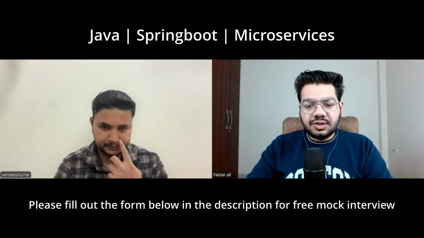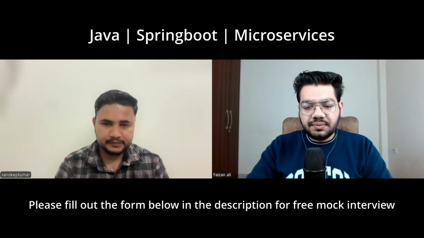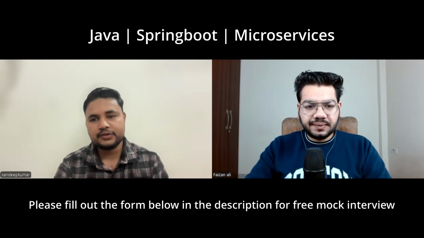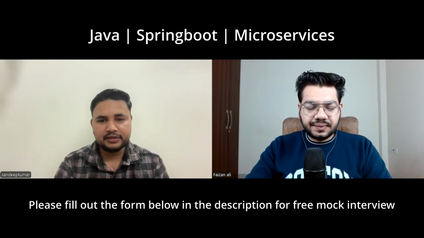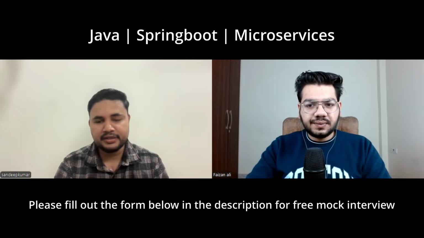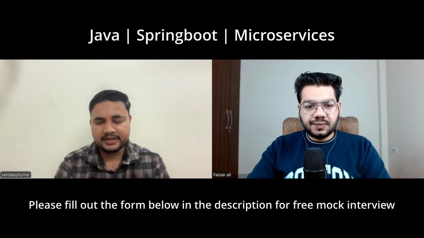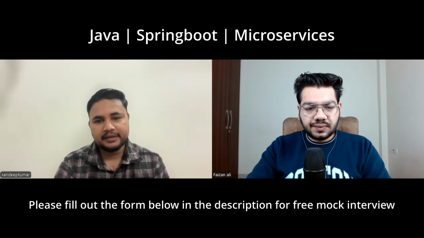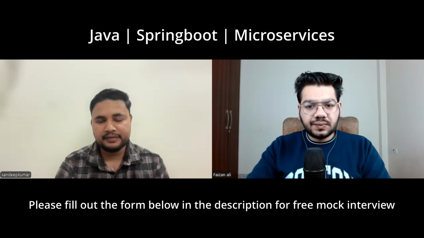Tell me, how do you secure a Spring Boot application from scratch? What would you do? Yes, so for implementing Spring security, firstly we need to add the Spring starter security in the pom.xml, and for that we need to have a configuration file. In that we will be extending the JWT auth filter.